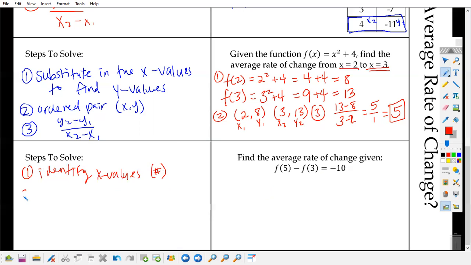Step 2 is you're going to find your change in x, your delta x. If I'm looking for the change in something, that means I'm doing what? Subtracting. This all means is that you're going to do x2 minus x1. Does that make sense? That's all delta x means to do.